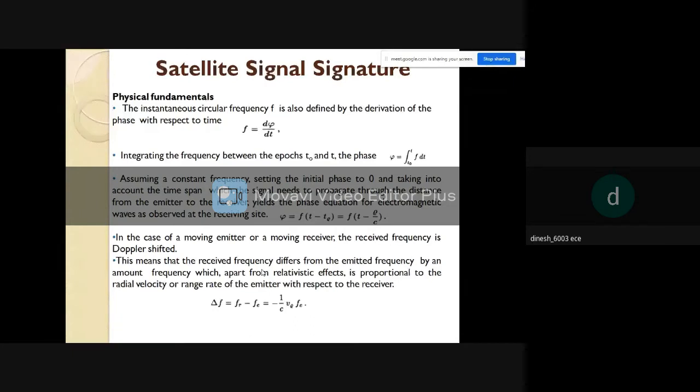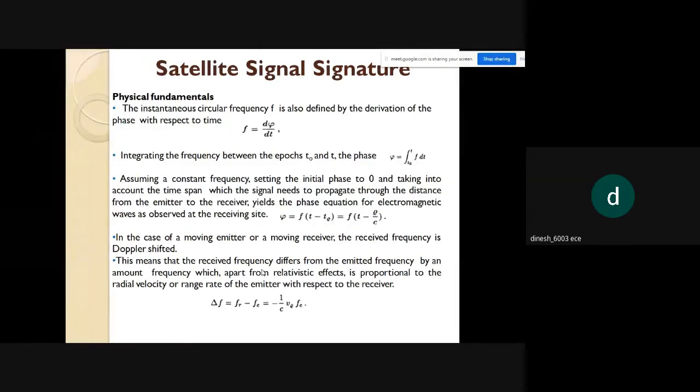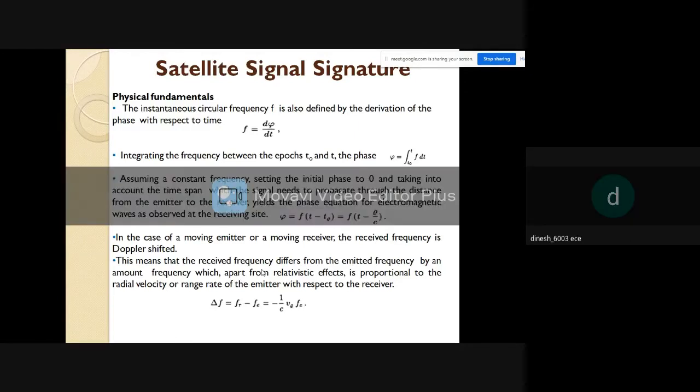So integrating the frequency between the epochs t naught and t, the phase will become φ = integral from t0 to t of f dt.